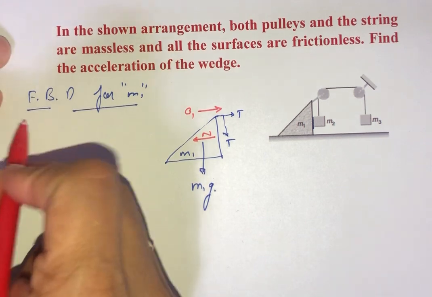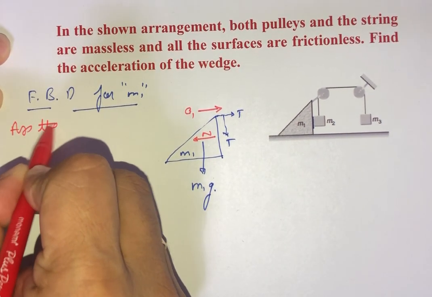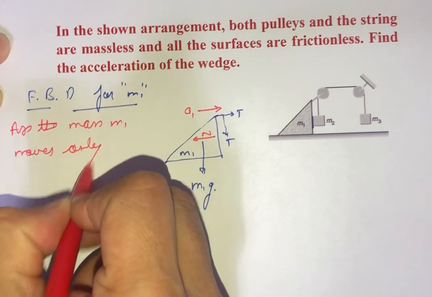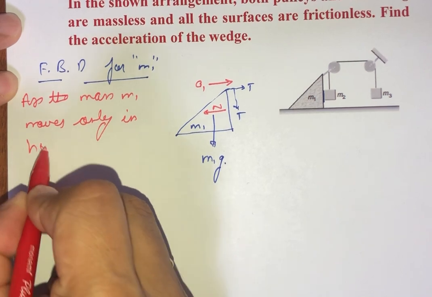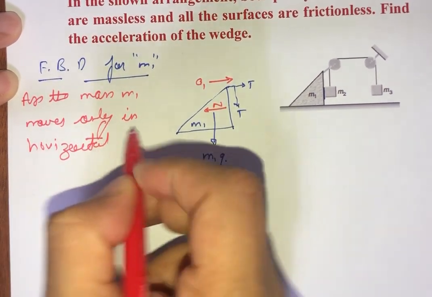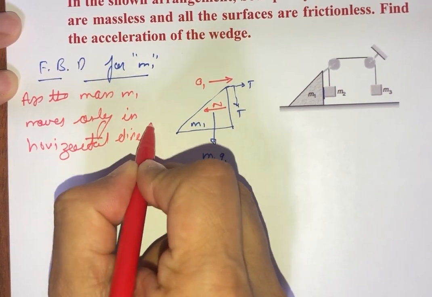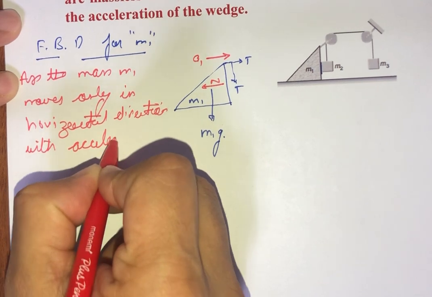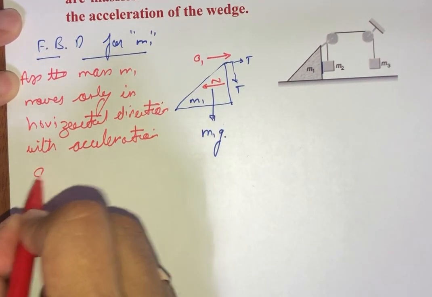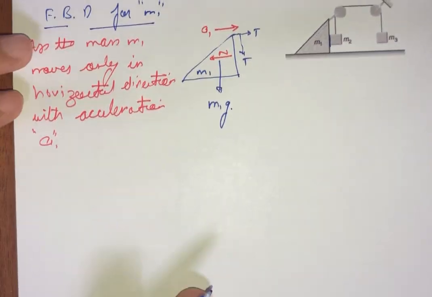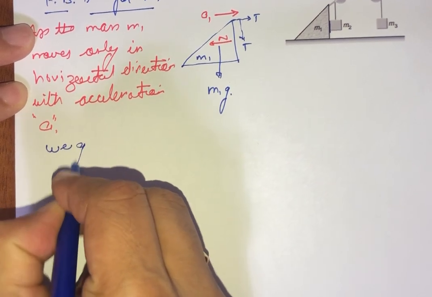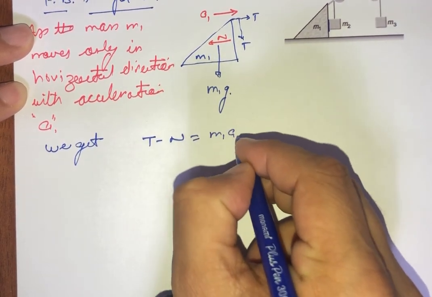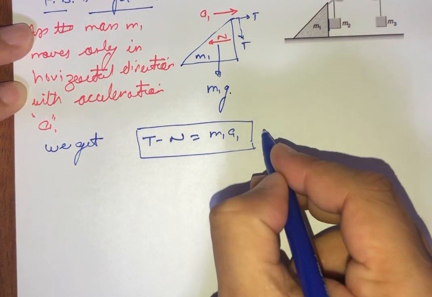So we can say that as mass m1 moves only in horizontal direction, with acceleration a1, we get T minus N is equal to m1 a1. So let us call this equation number 1.